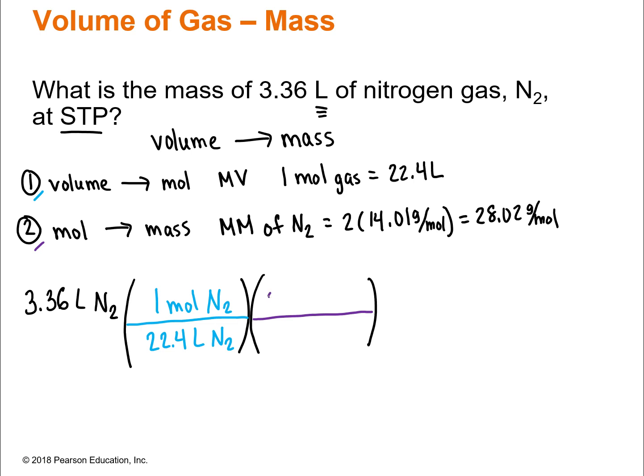We're going to put the number of grams in the top. And the reason for that is that's what we want to end up with at the end. And we have to cancel out those moles of nitrogen. So if we go through and do our unit analysis, you get rid of the liters, and you're left with moles. Then you get rid of moles, and you're left with grams.